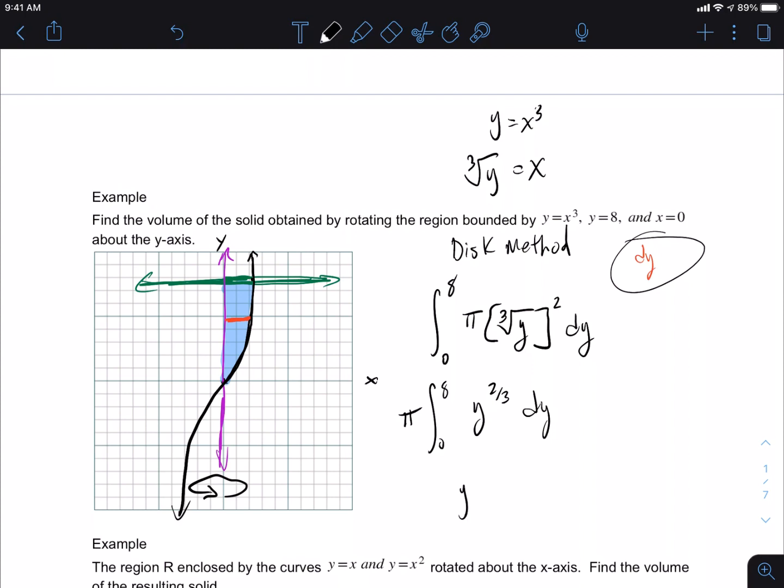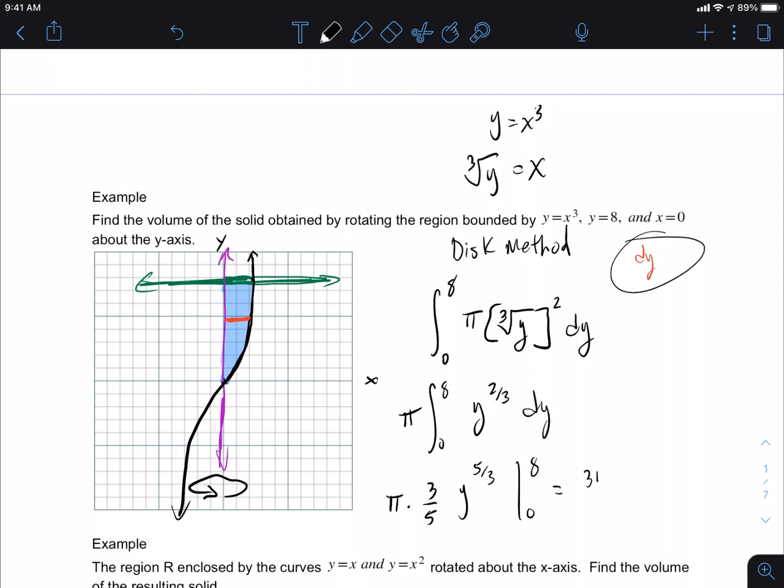The power rule is going to tell me I should have 5/3, so this should be 3/5, right? Times pi, evaluated from 0 to 8. Do we all agree?